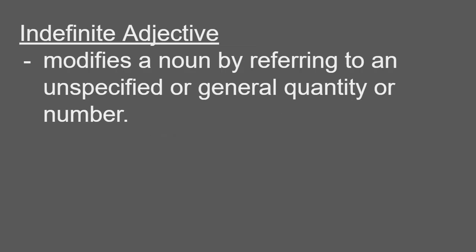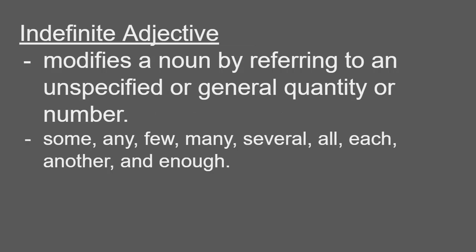Indefinite adjective. You also saw indefinite pronouns. So here indefinite words will be used as adjectives that modify a noun by referring to an unspecified or general quantity or number.